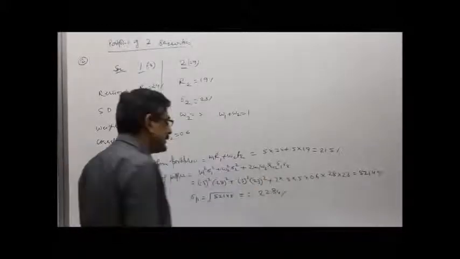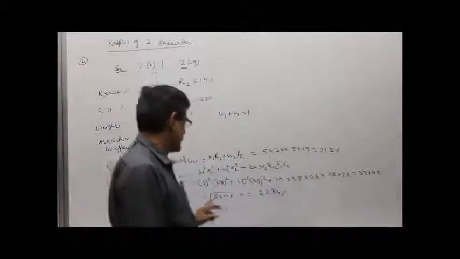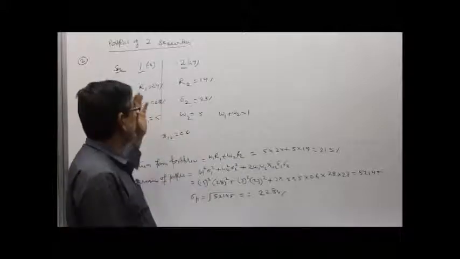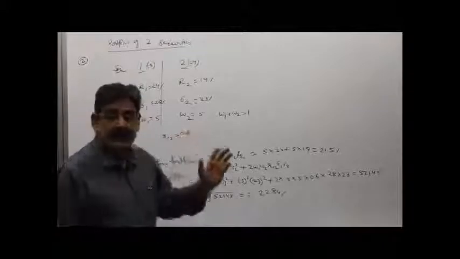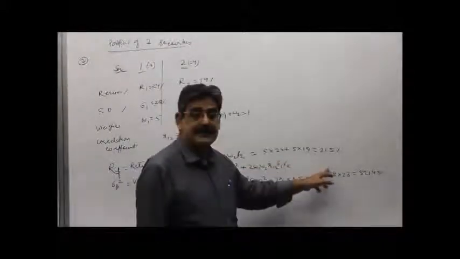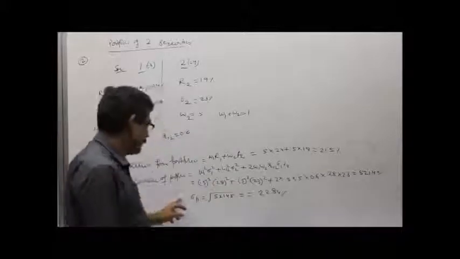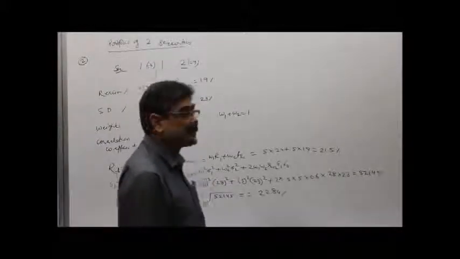As I said, standard deviation has a unit of percentage. So the variance of the portfolio is this. Take the square root to get the answer. So we have two securities, 1 and 2, and if I combine them in equal proportion, then the return from the portfolio is 21.5%, and the standard deviation of the portfolio, P stands for portfolio, is 22.84%.